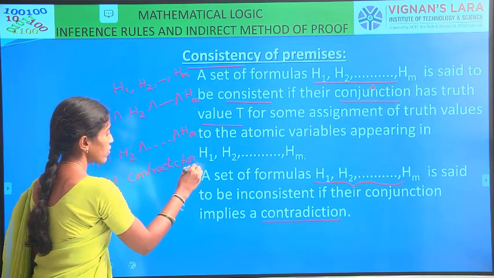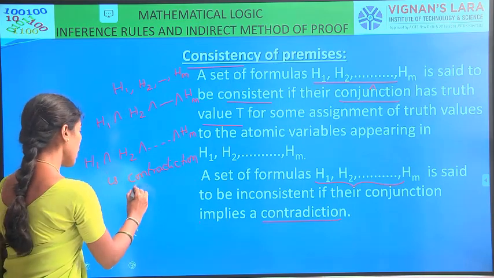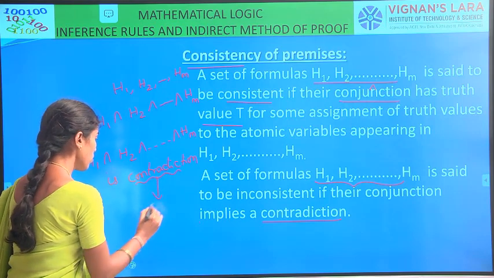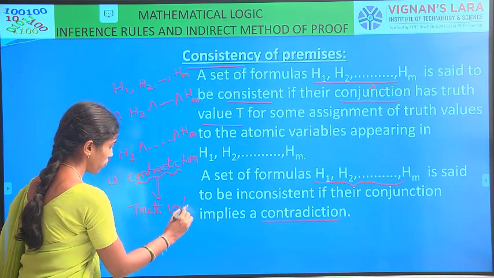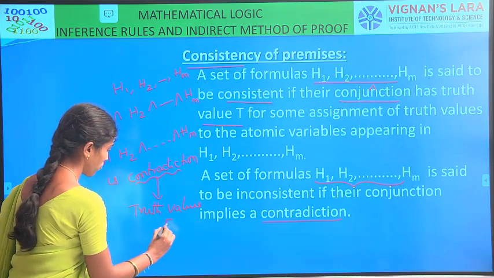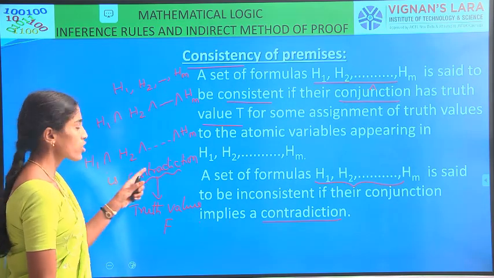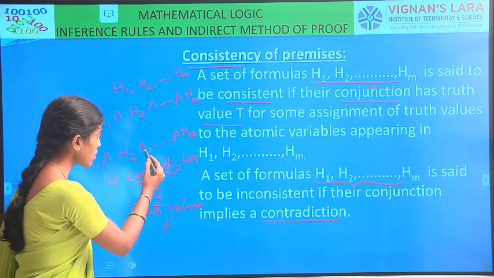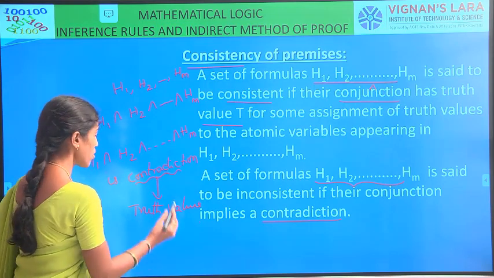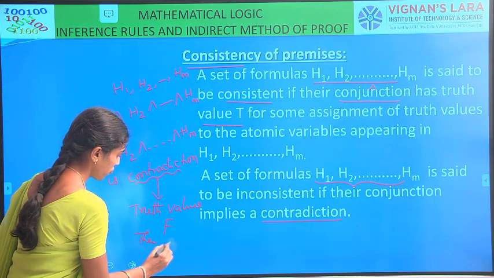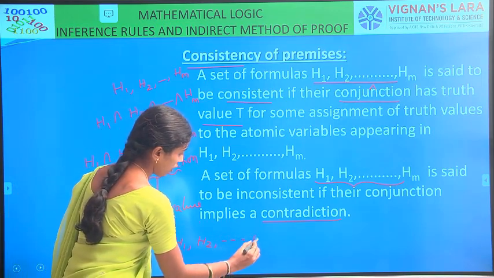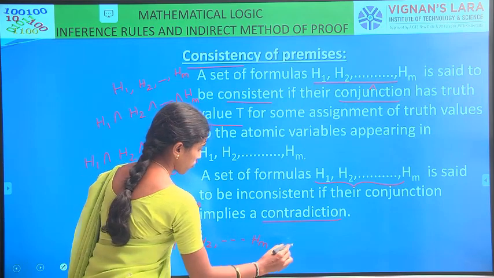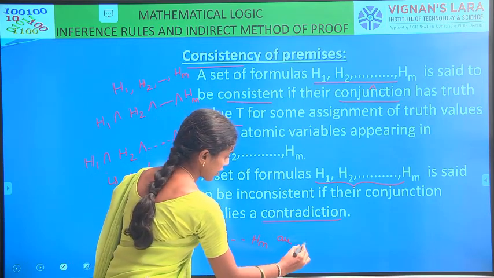When do we say that it is a contradiction? It has truth value false. So if the conjunction of the given set of premises has a truth value false, then H1, H2 and so on Hm are inconsistent.